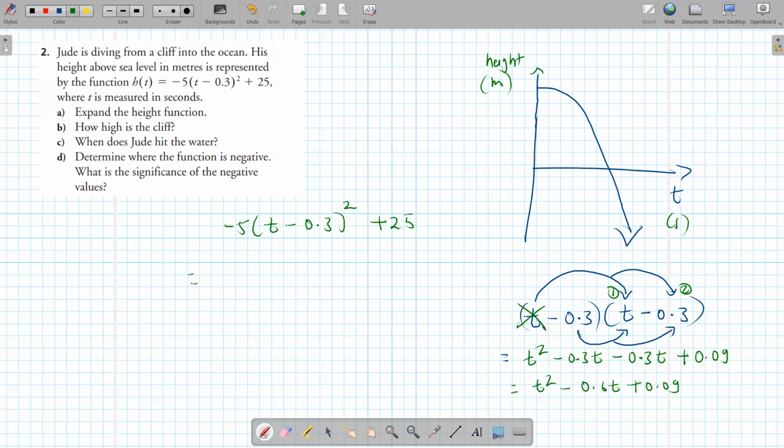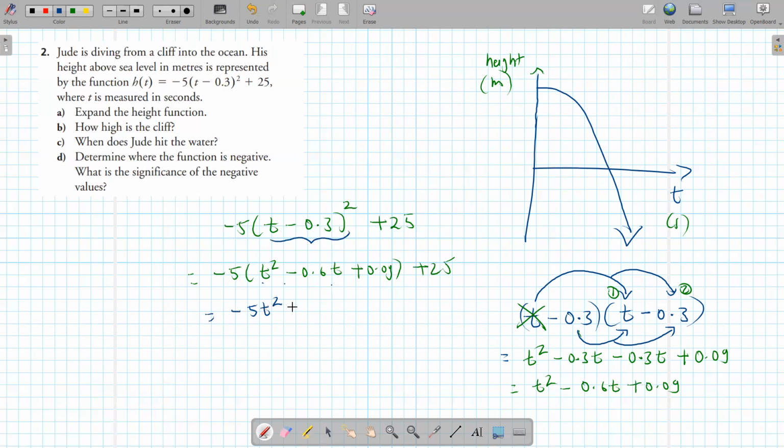That is our bracket expanded, but now there's a -5 in front, right? So we're just going to multiply everything in there by -5. So this is what we have so far. So far we just expanded the square element. Now we're going to multiply by -5. What do we get? We multiply everything in here by -5. -5t squared. Yeah, that's the first one.